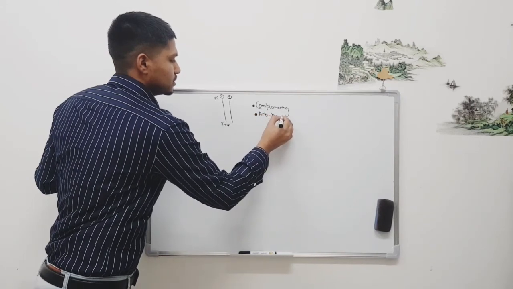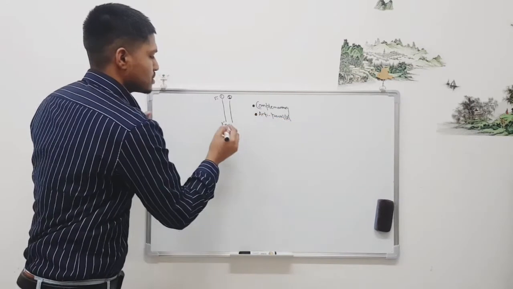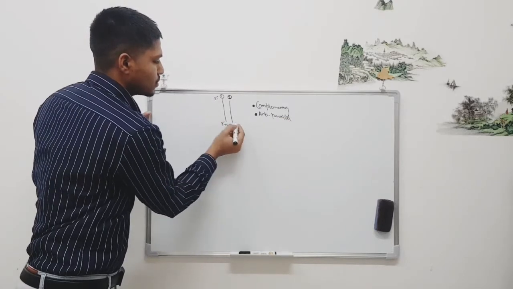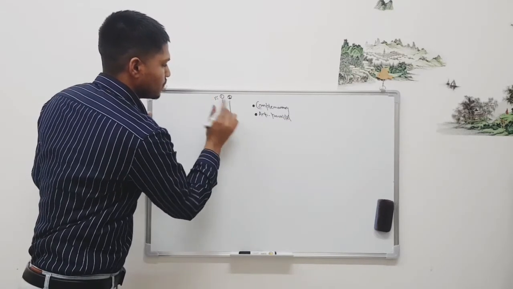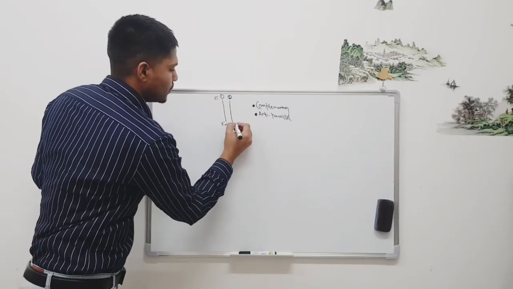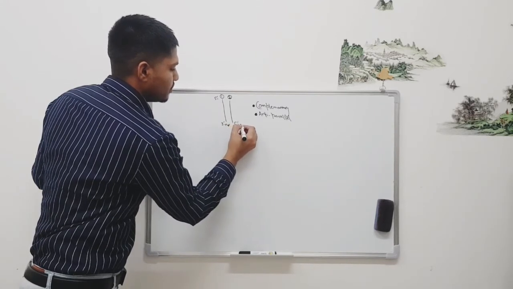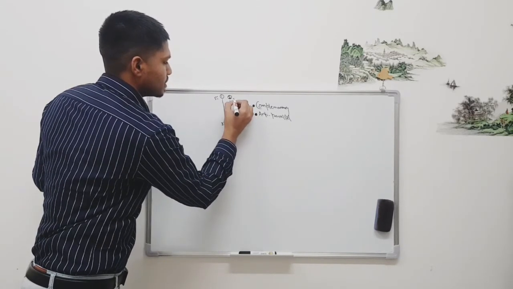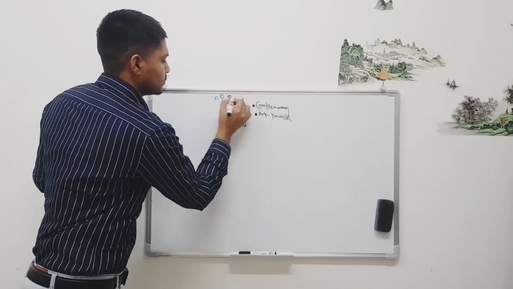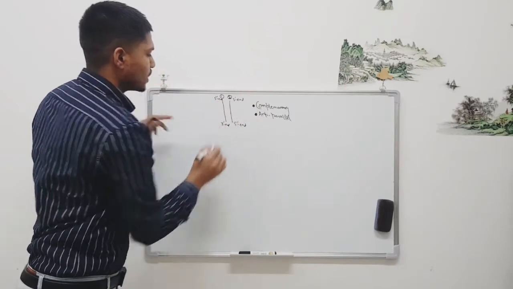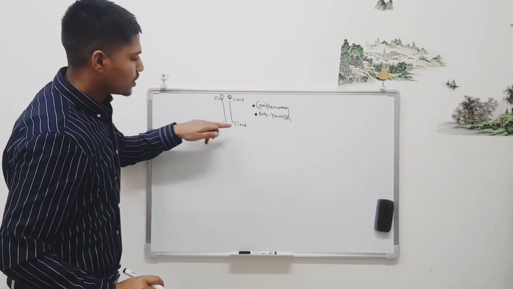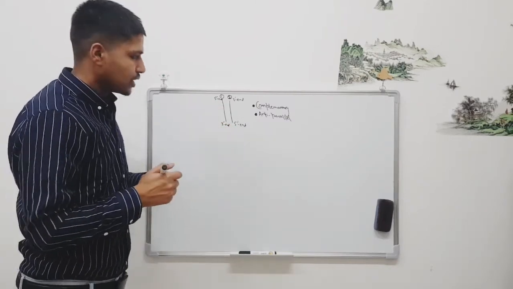If this is the 5 prime end, then here we go with the 3 prime end. Look at this, 5 to 3 direction and then 5 to 3 direction.